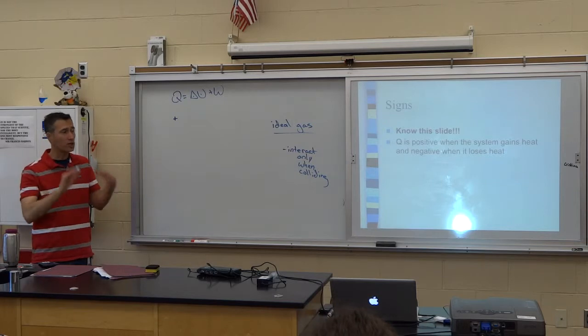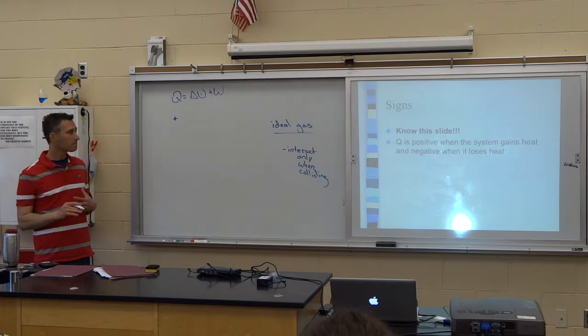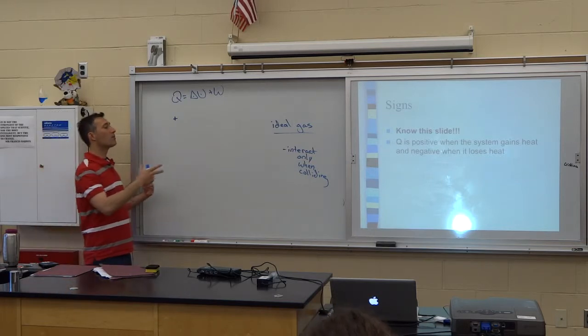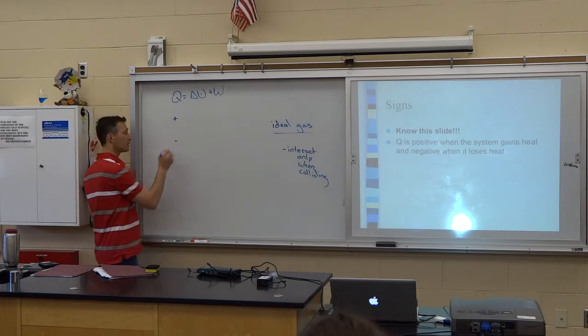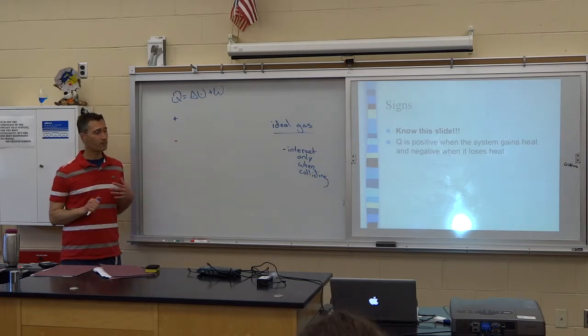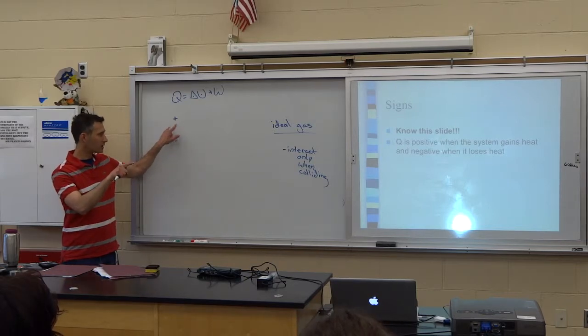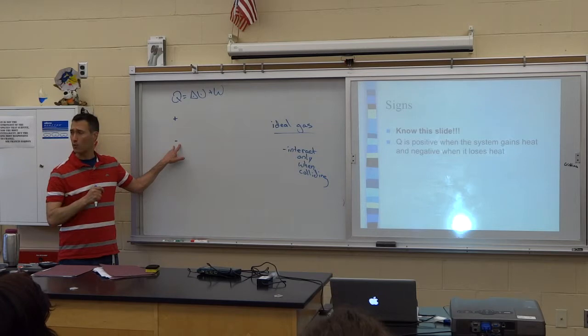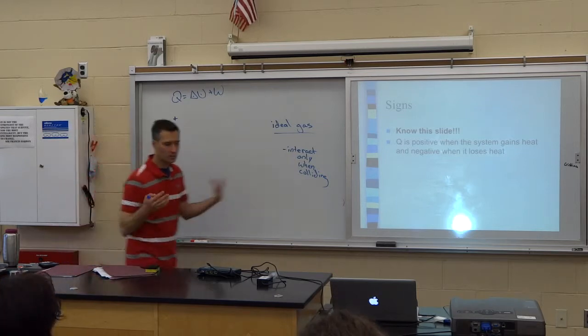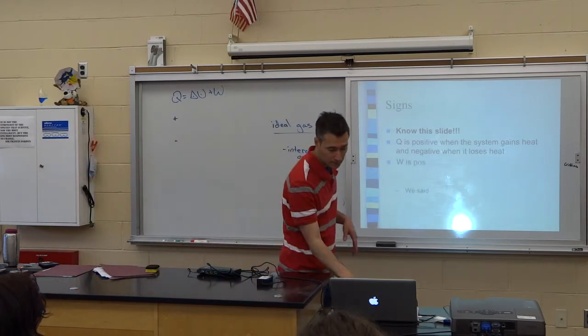We are putting energy into our system. If we are removing energy from our system, then the Q would be negative. We're extracting heat. Questions about that? Q is positive if we give heat to the system, and Q is negative if we take heat away from the system. I think it's pretty straightforward.